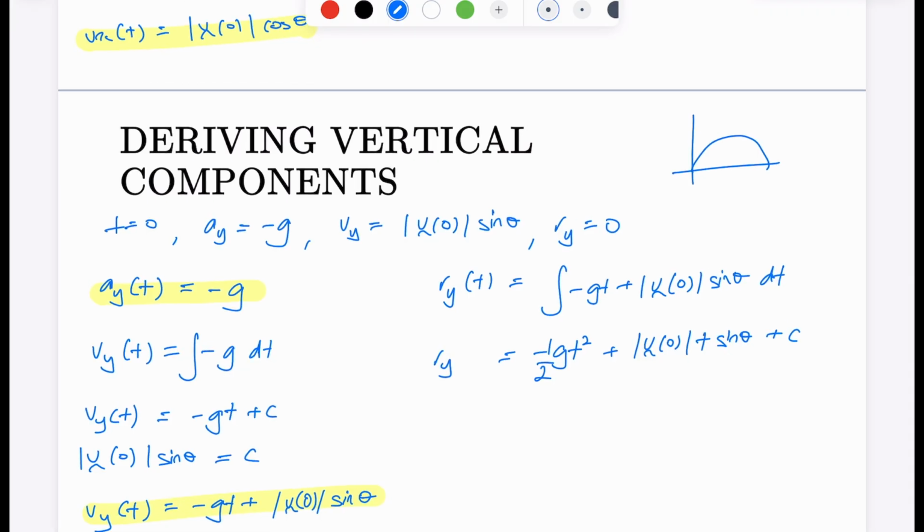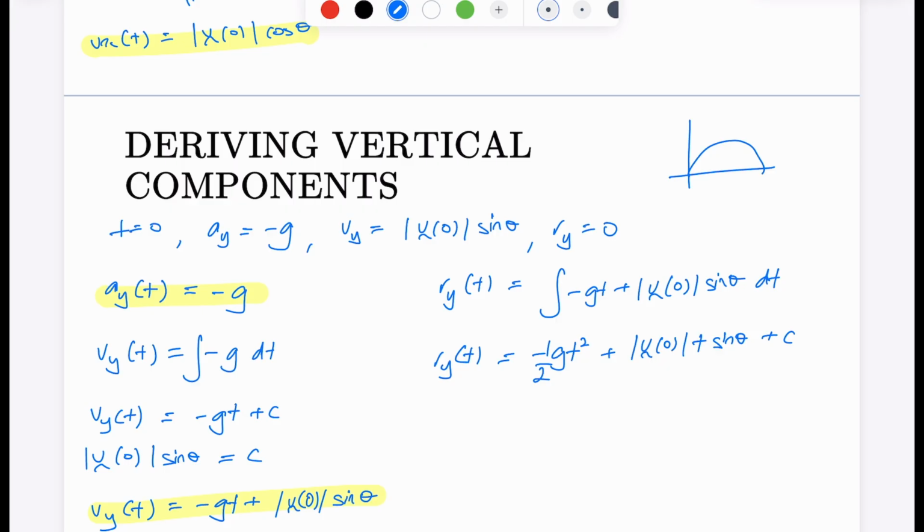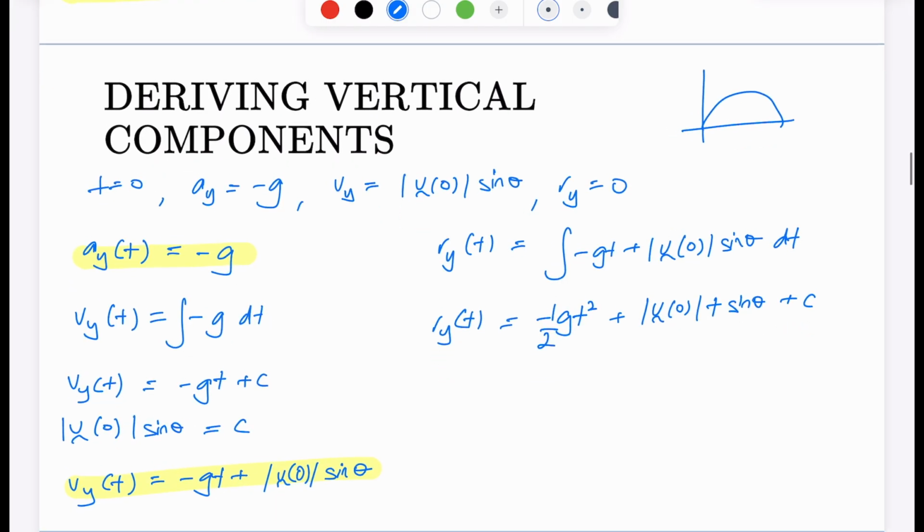Okay, so if we take a look at this equation, to evaluate the plus c, we again need to look at our initial conditions. So initially, our vertical displacement is 0. So if I plug in 0 for time, this will go away, and my vertical displacement is 0.